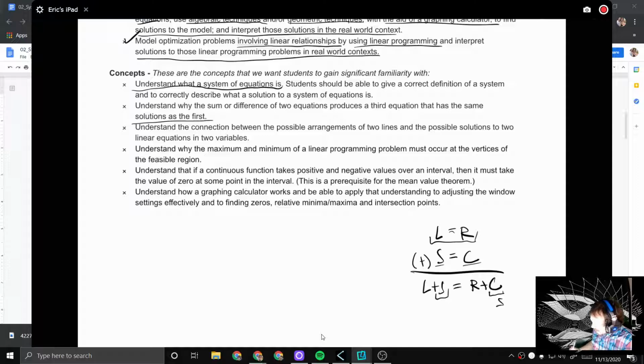So we've really added S to both sides of the equation. We've added the same quantity to both sides of the equation.